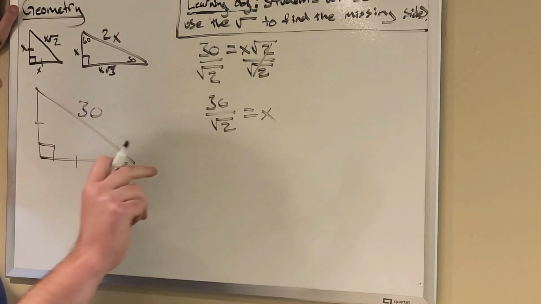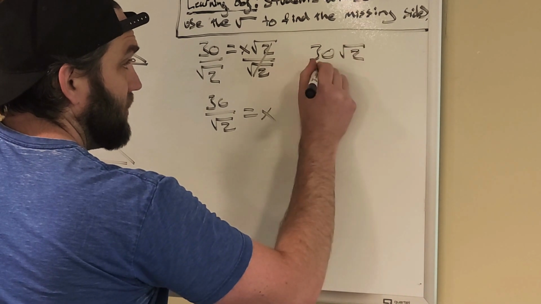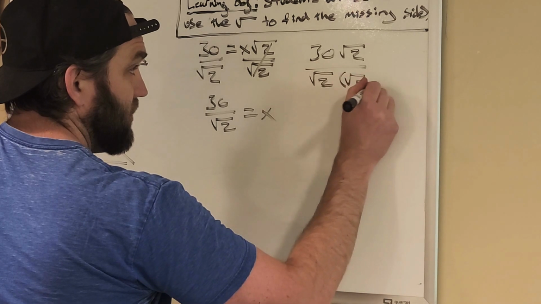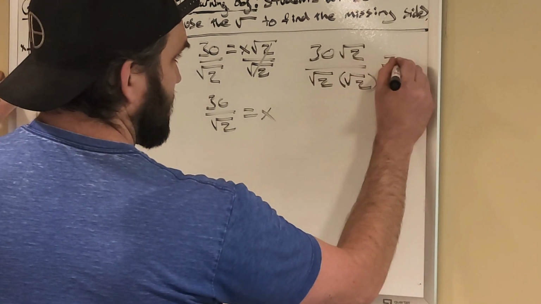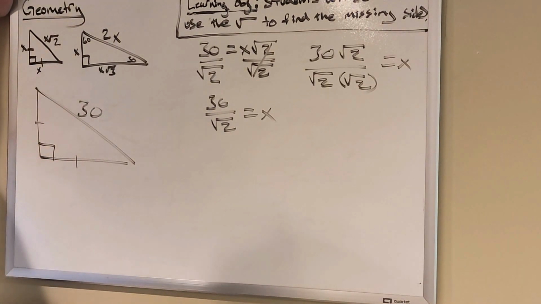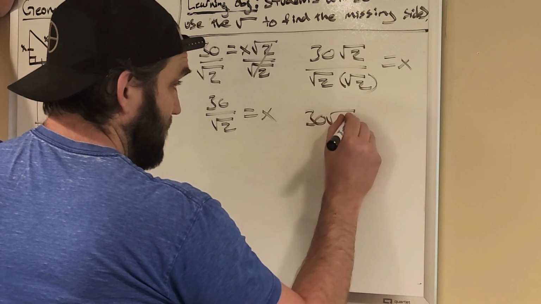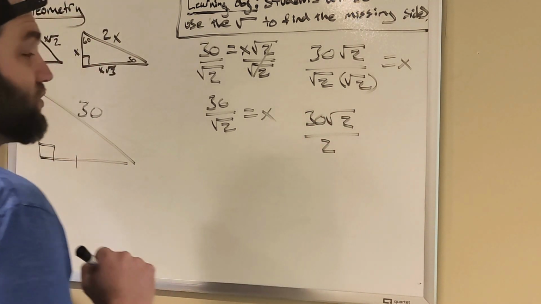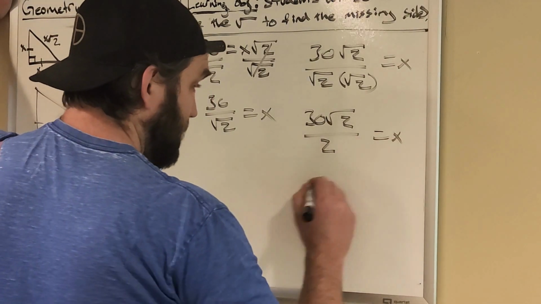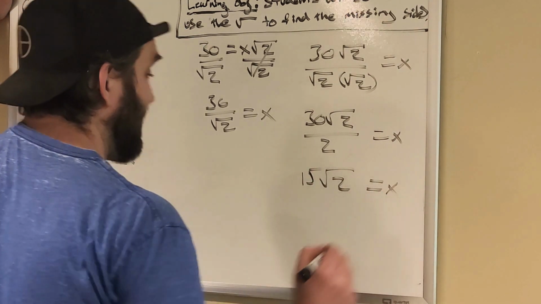I multiply both the numerator and the denominator by square root 2. When I do this, square root 2 times square root 2 is just going to make it 2. So we have 30 square root 2 over 2. 30 divided by 2 is just going to be 15. I'm going to have 15 square root 2 as my x.